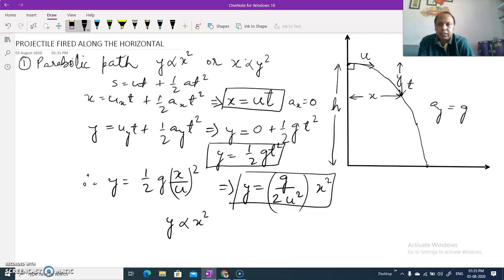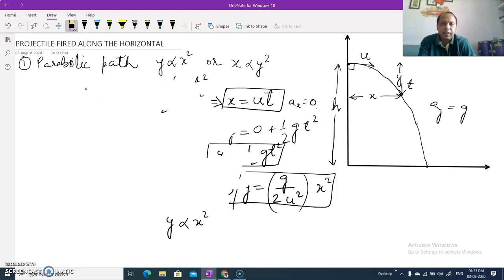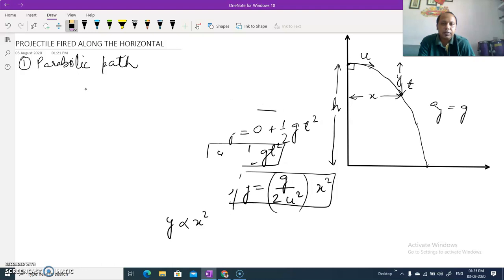Now, next what we are going to do is calculate the value of time of flight. That is, how much time is required for the projectile to reach the ground level. So let us see how it is done. Let me rub this off first.